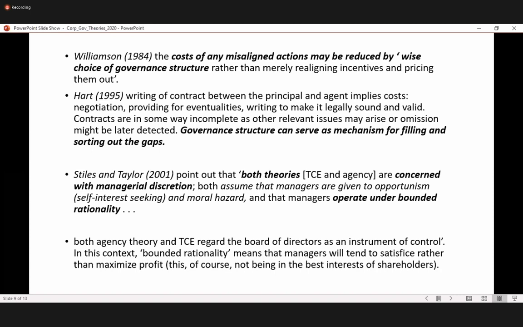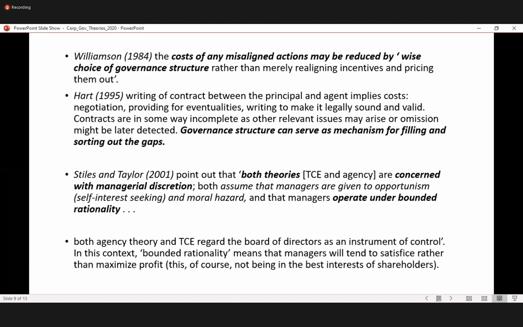Another gentleman by the name Hart said that the writing of contracts, talking of the nexus of contracts, between the principal and agent implies cost. There is the cost of negotiation between parties, providing for eventualities, making the contracts legally sound and valid.